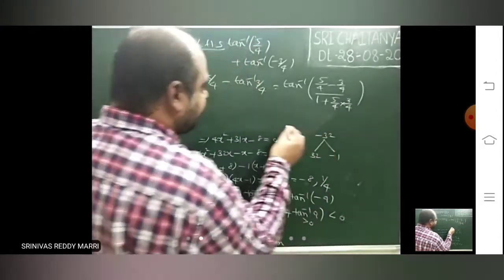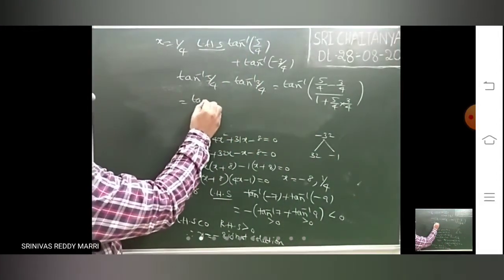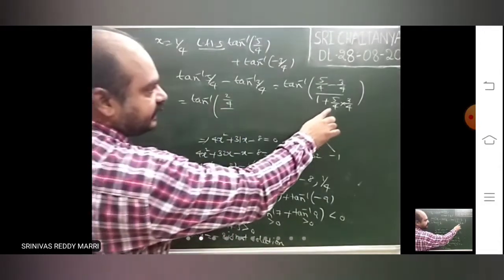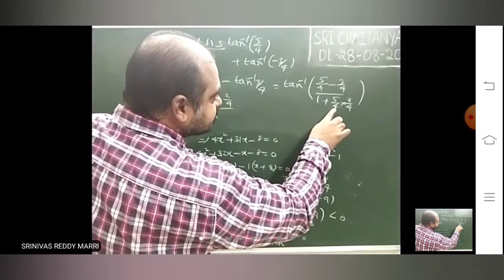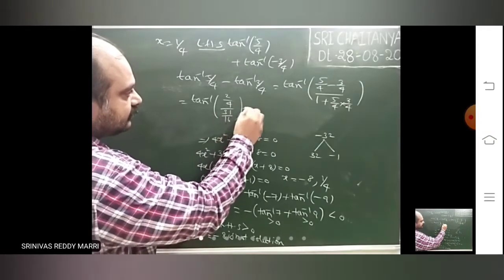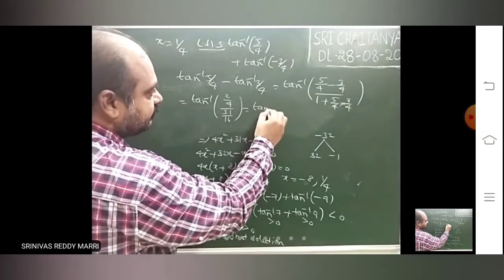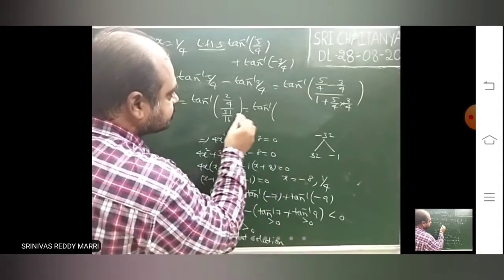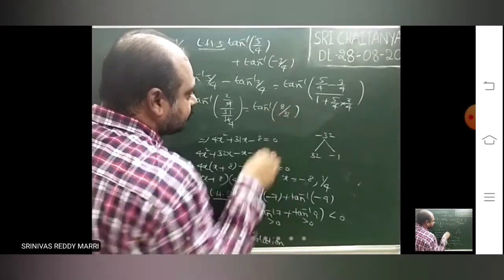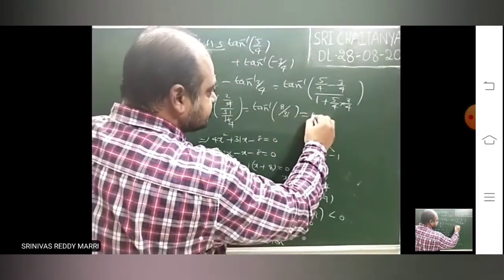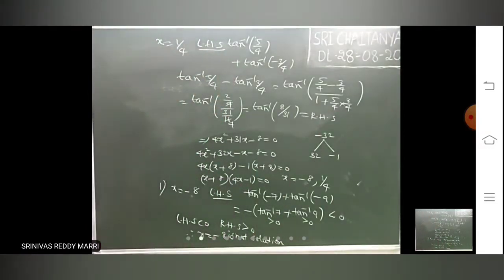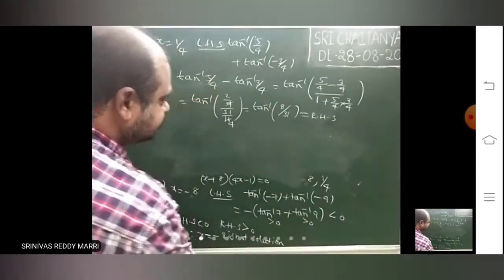That means tan inverse of 2 by 4 divided by, here what is this? 16 plus 15, 31 divided by 16. That means you will get tan inverse, so this 4 will get cancelled, 8 divided by 31. So this is equal to RHS. Therefore, x equal to 1 by 4 is the only solution.